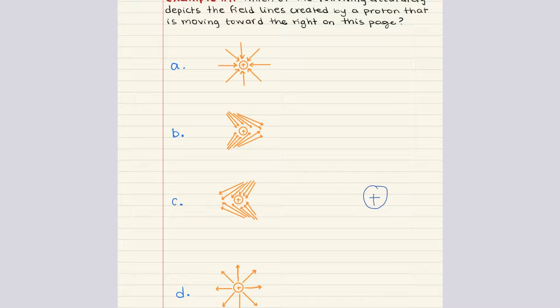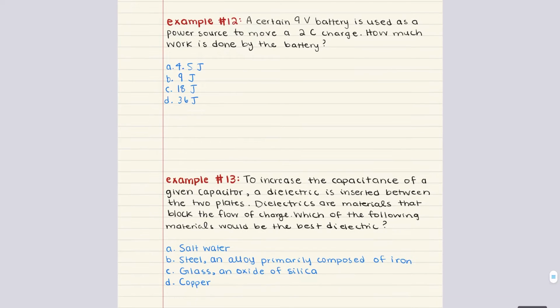Nevertheless, the main point here is that the field lines for a positively charged particle will always point away from the particle in a radial pattern, and that is demonstrated in answer choice D. So 11 is D. What's demonstrated in answer choice A, just fun fact, would be the field lines for actually a negatively charged particle. Nevertheless, 11 is D. Let's move on to problem 12.